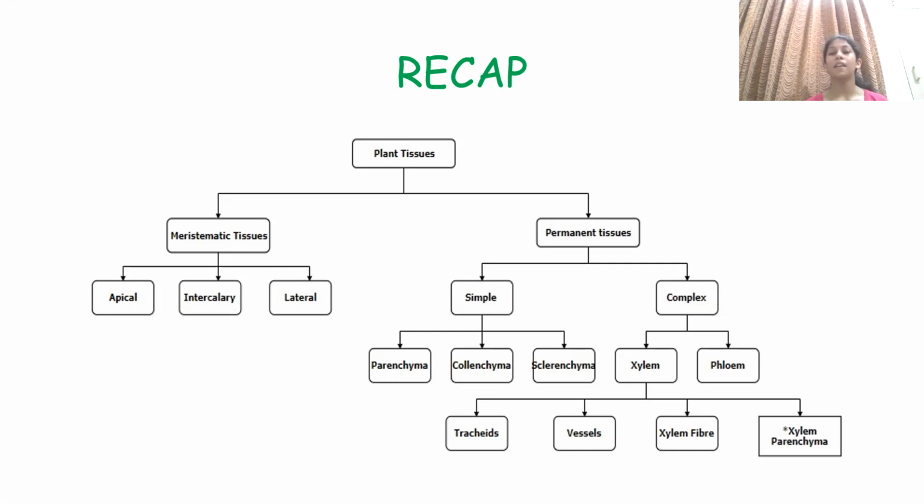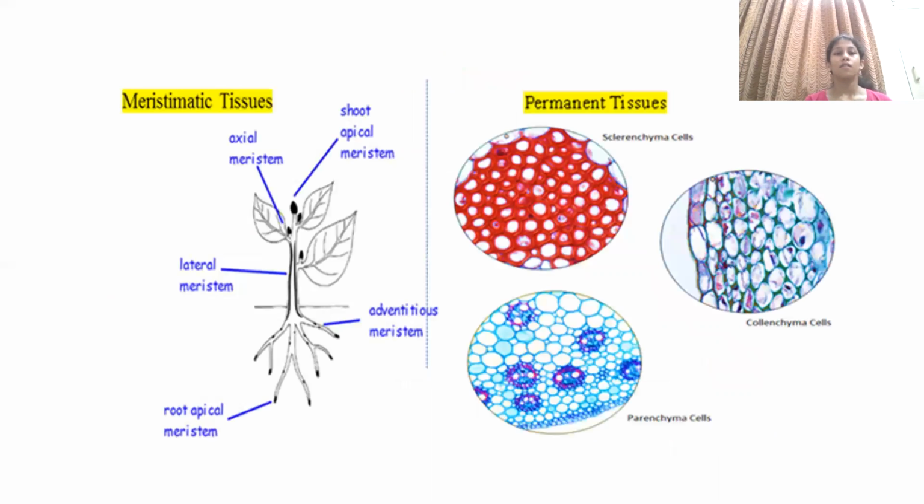Xylem has tracheids, vessels, xylem fibers, and xylem parenchyma. The phloem elements are sieve tubes, companion cells, phloem fibers, and phloem parenchyma. So this is meristematic tissue and permanent tissue.